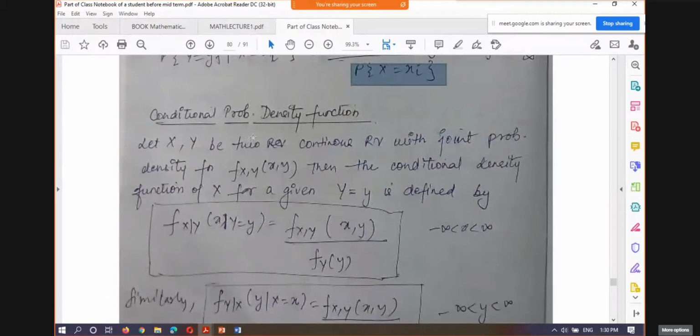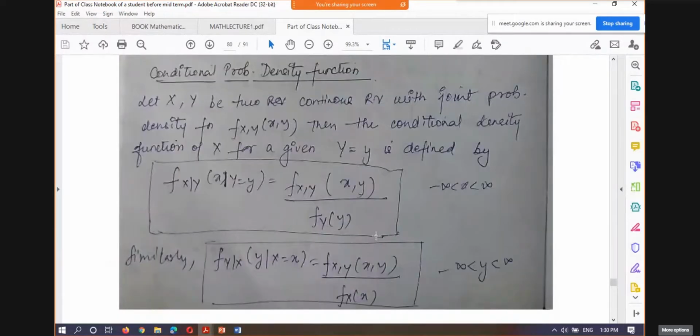Similarly, we have the concept for the density function also. Let X and Y be two continuous random variables with joint probability density function f of xy. So this is the joint density function. Then the conditional density function of x for a given Y equal to y is defined by this notation, f x, with this vertical line denoting the conditional.